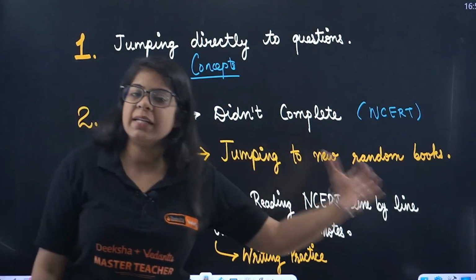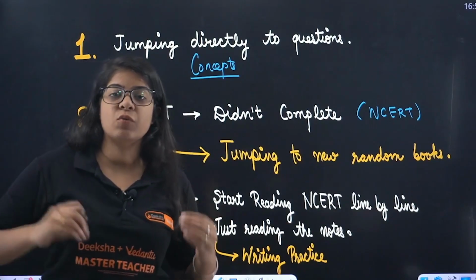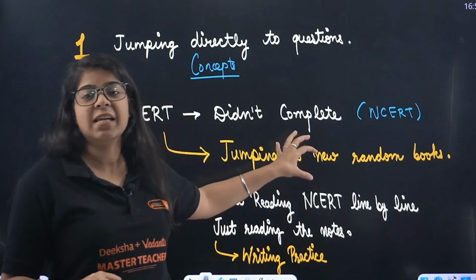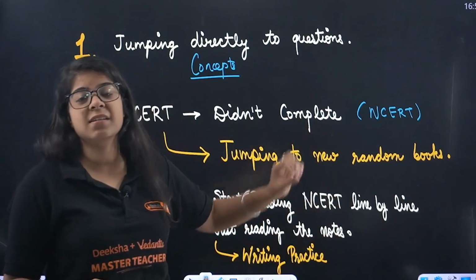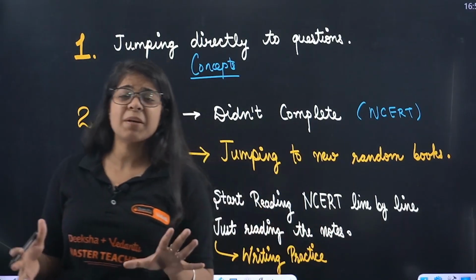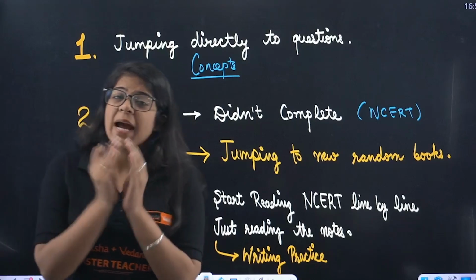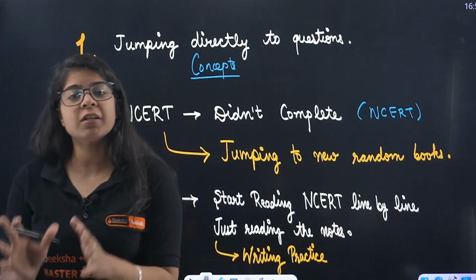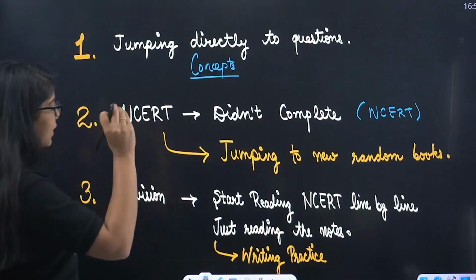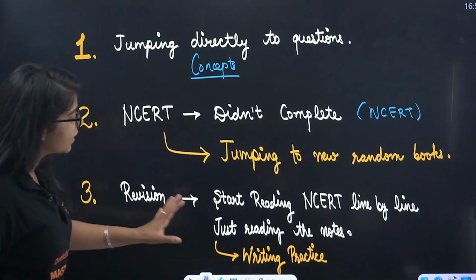Don't go to 10 kinds of different books and try lots of questions. Clear your concepts from NCERT, do the NCERT examples and the back exercises. Then only if you have time, you can go see some extra numericals, diagrams, but at this moment your questions will not come out of NCERT. So do not jump away from NCERT and revision beta.